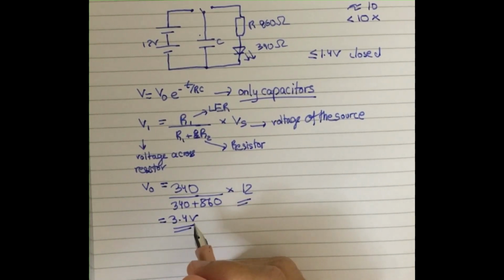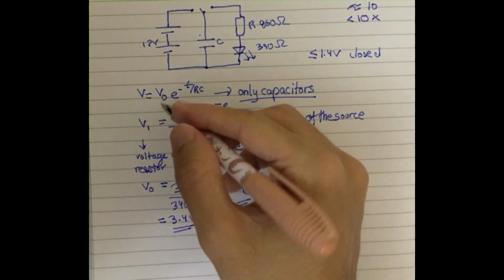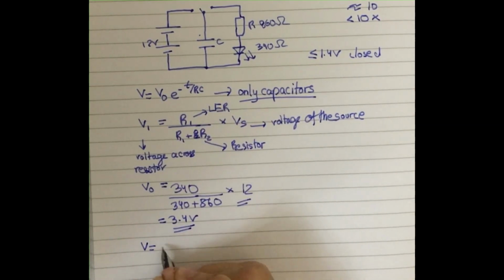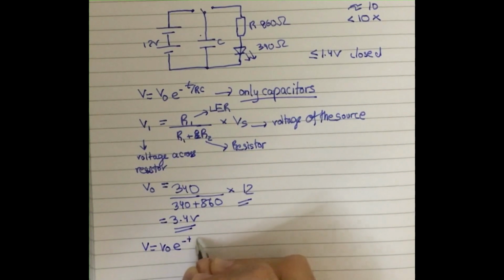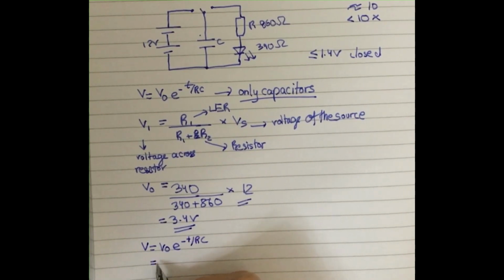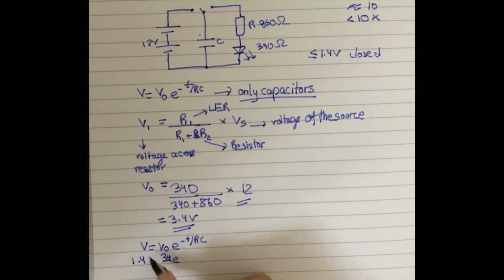So now we have to use this formula: V equals V naught e to the power minus t by RC. We have V naught as 3.4, and we have V as 1.4, before the LED closes down completely. This is the voltage of the LED at which it will stop emitting light.